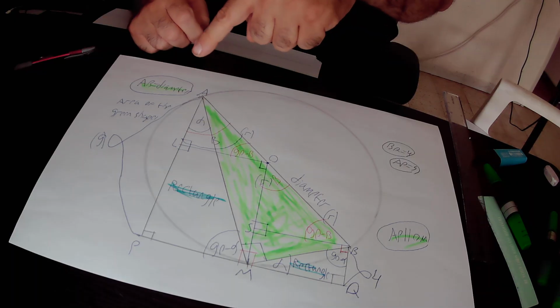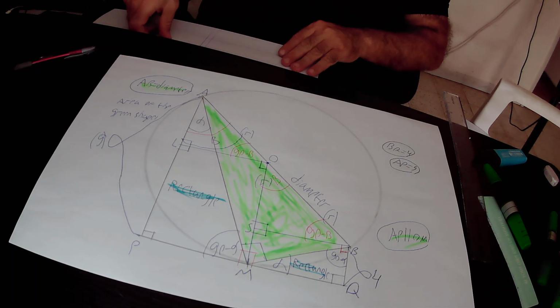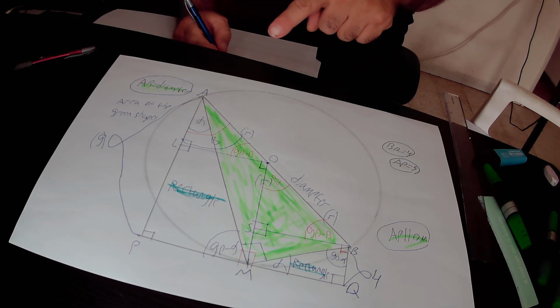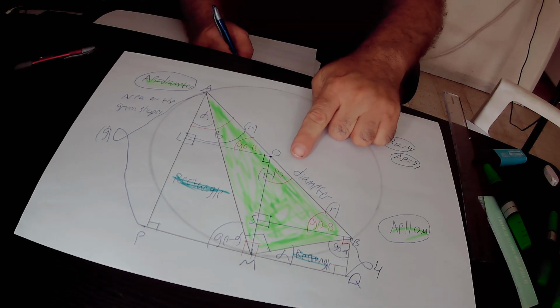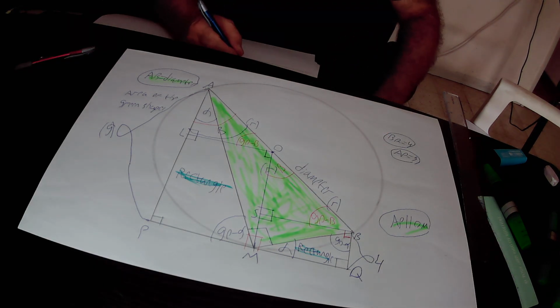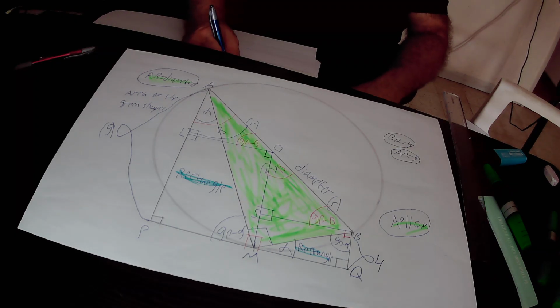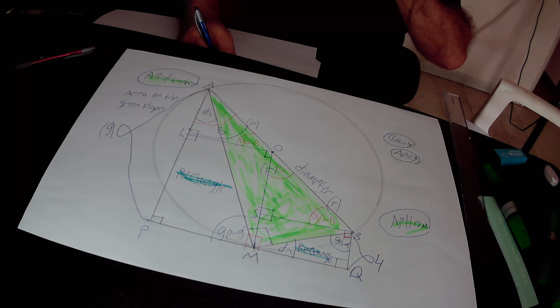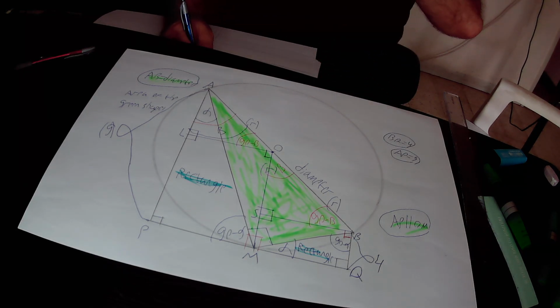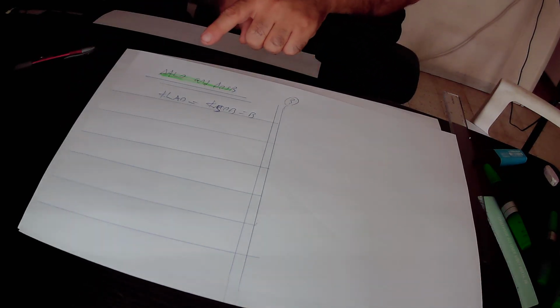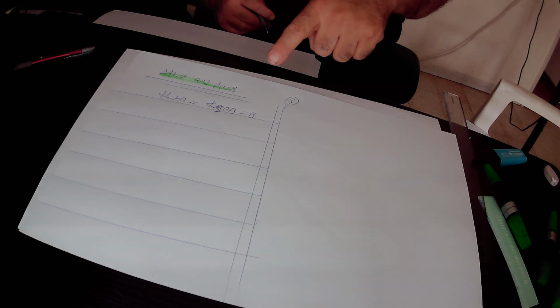So this is angle LAO in the right triangle ALO, and it is equal to this angle, which is actually angle SOB, in the right triangle SOB.